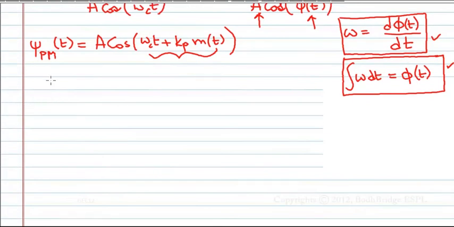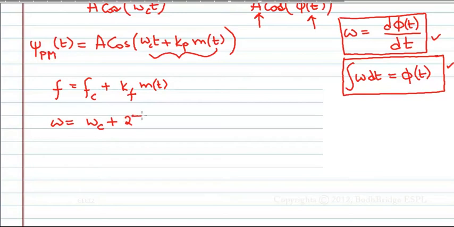What is frequency modulation? In frequency modulation, the frequency is f equal to fc plus kf into m of t. This is how the frequency should change. In omega terms, 2 pi f is omega. Therefore, omega equals omega c plus, multiplying by 2 pi on both sides, 2 pi kf into m of t. This is frequency.